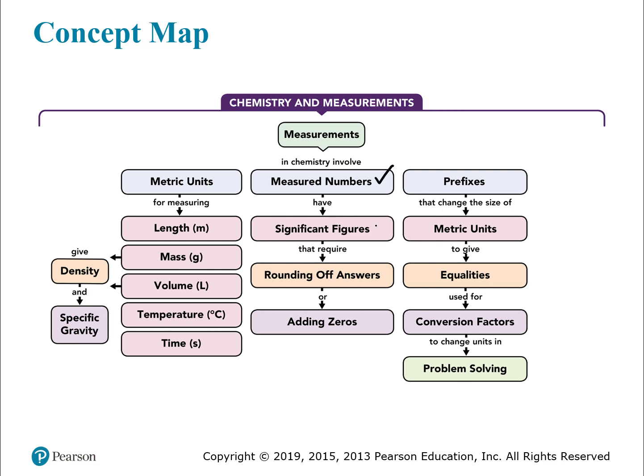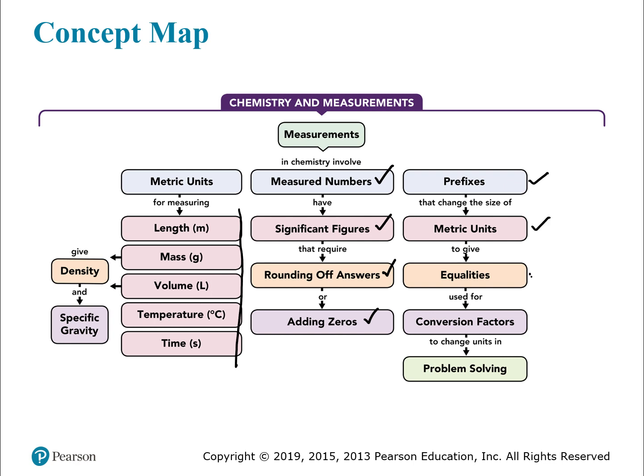We talked about significant figures, how we round those, and sometimes we have to add zeros in order to have the correct number of significant figures. We talked about the different types of measurements: length, mass, volume, all of these. And we talked about the different prefixes and the units so that we can convert back and forth.